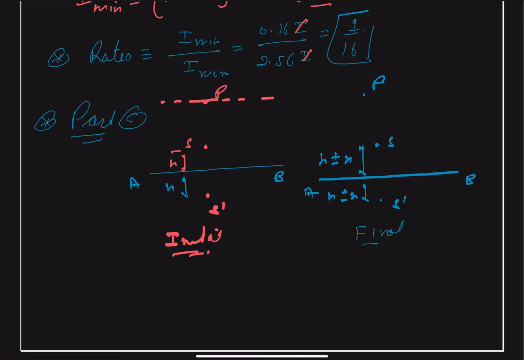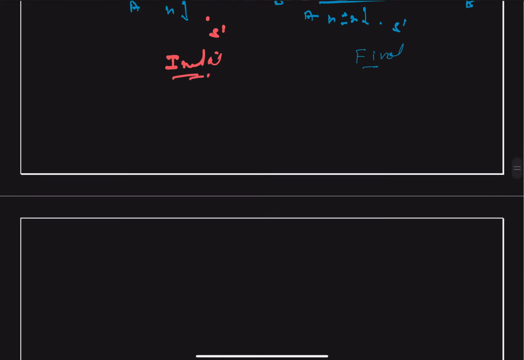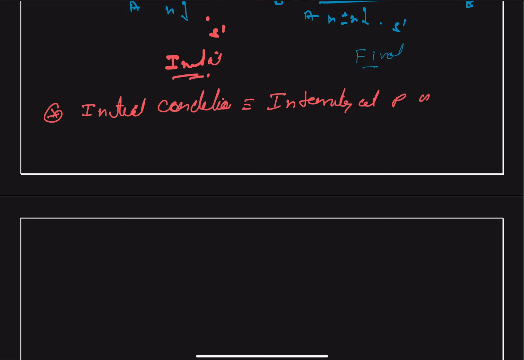It says that in the initial condition the intensity at P is maximum, which is our constructive interference.